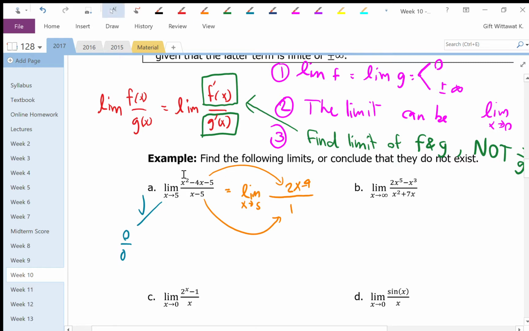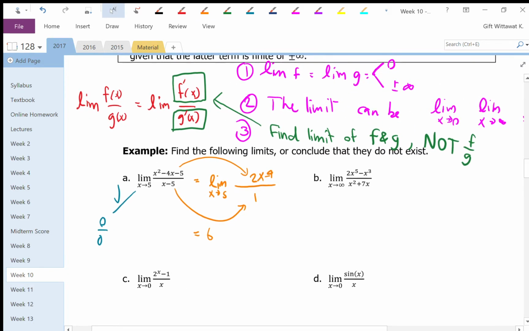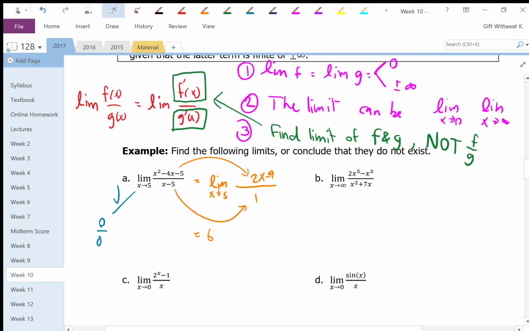So again, I do two things: I check that it's 0 over 0, and then I find the derivative of the numerator and the denominator. What does that give me? When I plug 5 into this, I get 6 over 1, so that's just 6. So that's L'Hopital's rule, and you can see it's not too bad.